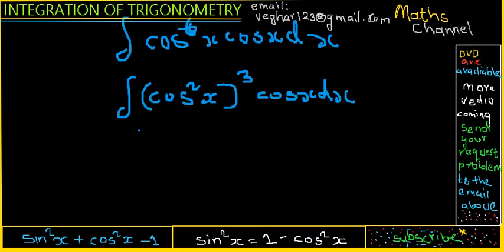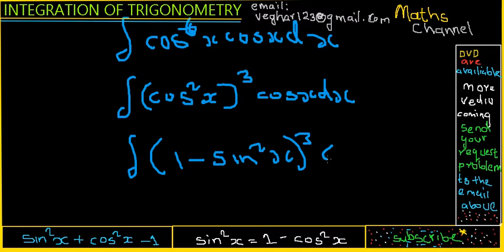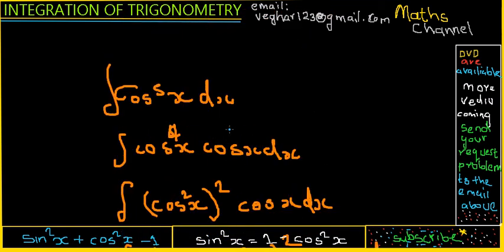So when you are here, you are able to insert it, and from here you can use the u substitution. Then from the u substitution you can integrate, and then you replace the u after integration. Okay.